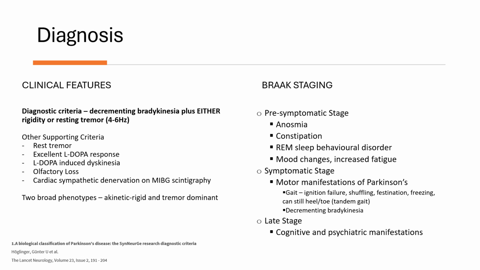There is some staging that can be used in the description of idiopathic Parkinson's. I think it's the Braak staging system. It's a generic staging system with stages 1 to 6.